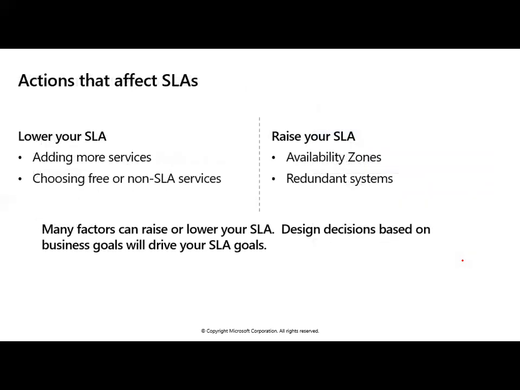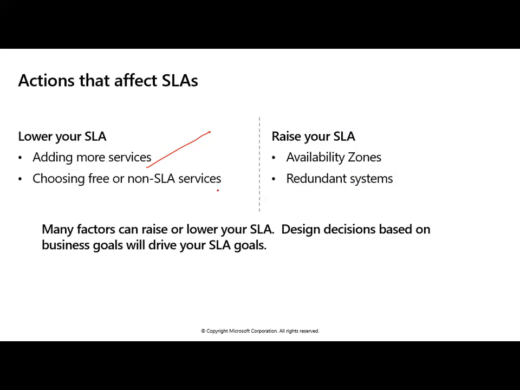There are certain actions which can affect SLAs. If you are creating and adding more services and you're not being consistent with the service level you are using, for example your compute resources are of enterprise grade and your web apps are of premium grade, whereas you're using free apps for your bots and logic apps, then since you are not consistent with your services, that could lower your SLA because of an irregular portfolio of services.